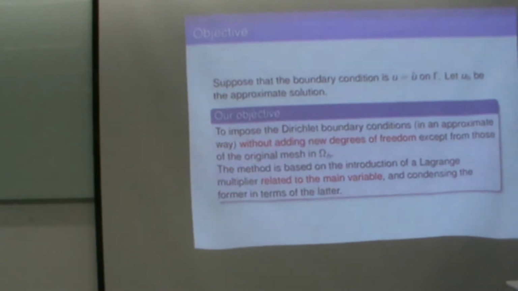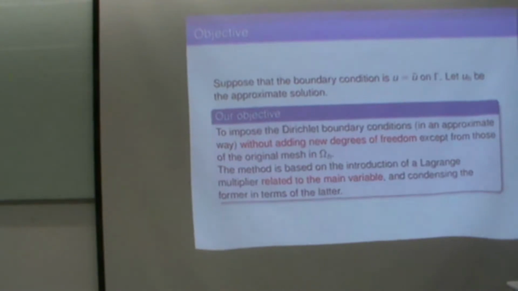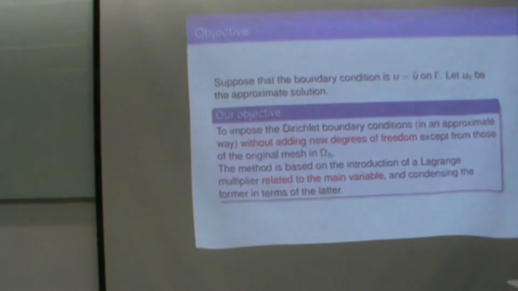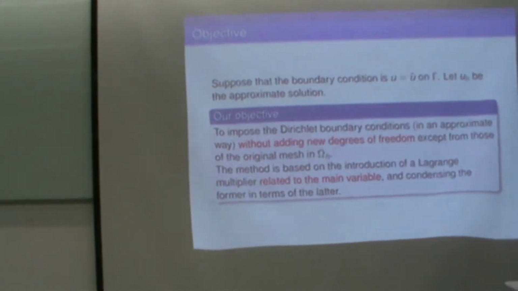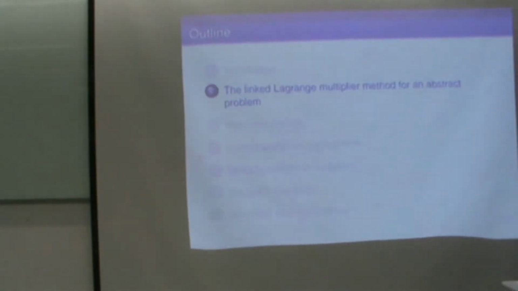The idea of our method is that we will introduce a Lagrange multiplier, but we will relate it to the primal variable, if you wish, and we will condense that Lagrange multiplier in terms of the primal variable. So that means that at the end of the day we will have a problem that has the same degrees of freedom as Nietzsche's method. No more.